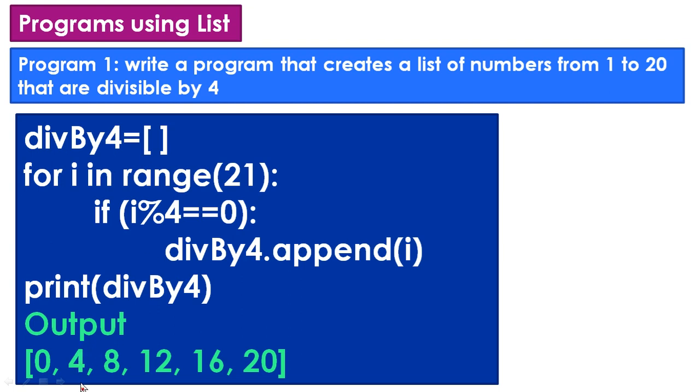So 4 is appended here. The third value is 8, while 5, 6, 7 are ignored by this if condition. The 8 is divisible by 4, so it is appended. Similarly, all the values from 0 to 20 which are divisible by 4 are appended to the list div by 4.